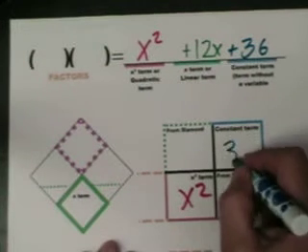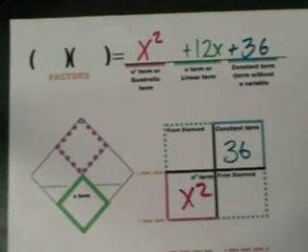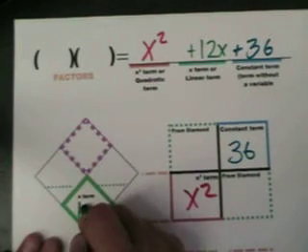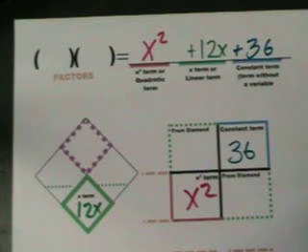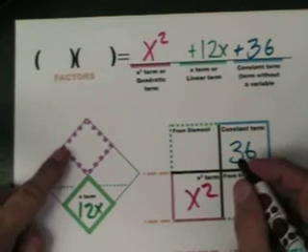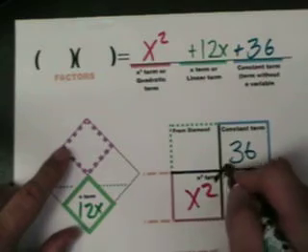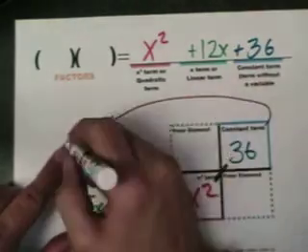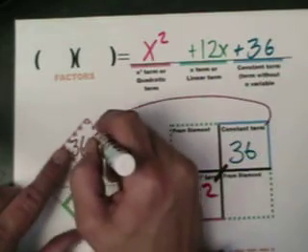The constant there. The linear or x term by itself goes here. And then I need a number for the top of my diamond. Remember, I get that by multiplying the constant by the x term, and I'll get 36x squared.